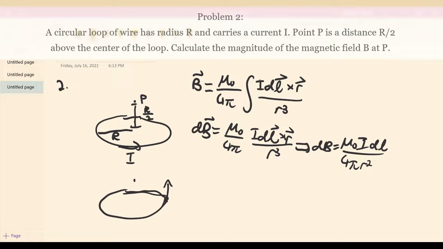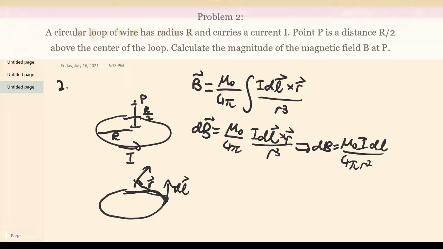This is dl, and this is r. To find the direction of this cross product, we use the right-hand rule. You put your thumb along the dl vector and your index finger along the r vector, then your palm points in this direction, outwards.